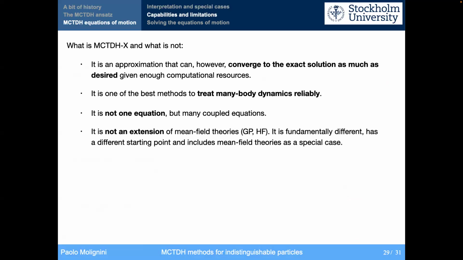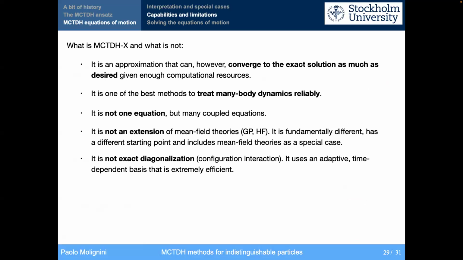It's not an extension of mean field theories. It is a fundamentally different technique, based on a fundamentally different starting point, and it contains these mean field theories as special cases. And it is not exact diagonalization. That's what Lucas was talking about. It uses an adaptive time-dependent basis, so it is completely different because it's optimized in time to the problem.